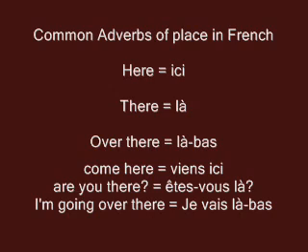Êtes-vous là? Over there this time is là-bas, the same là with an accent, a dash and bas, B-A-S. So, I'm going over there, in French will be je vais là-bas.